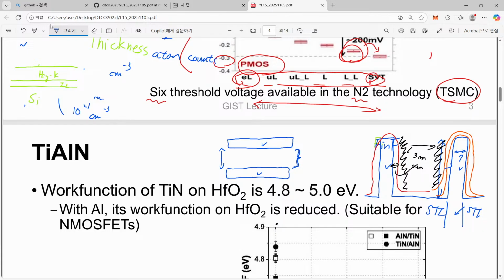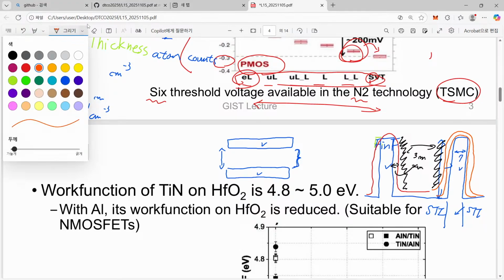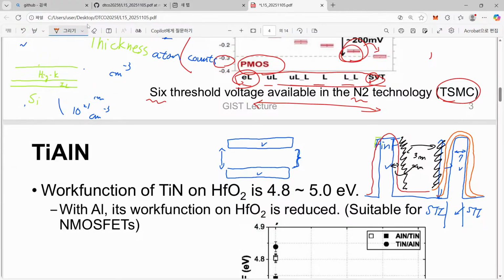So now think about this case. Now we have a silicon in this case. Then we have to introduce an interfacial layer, and also we have to introduce high K. And after that, in order to control our threshold voltage, we must do an additional job.